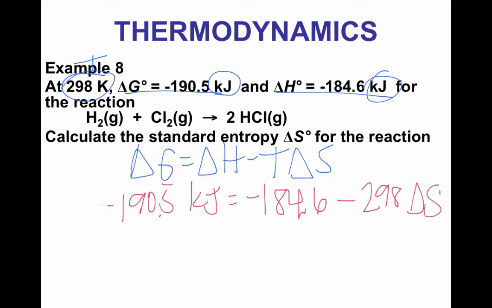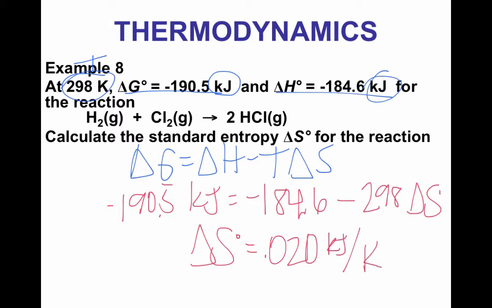So again, you rearrange, move variables from one side to the other. So move the 298 delta S over, add the 190.5 to the other side, divide, and you find that delta S is equal to 0.020 kilojoules per Kelvin.